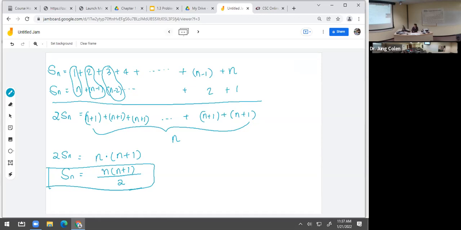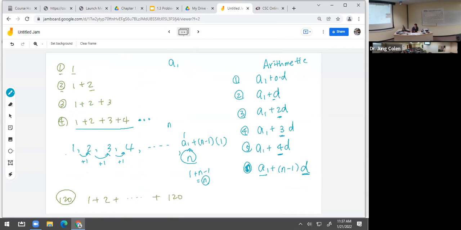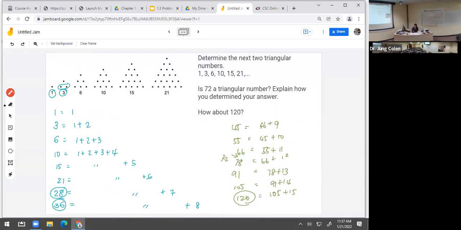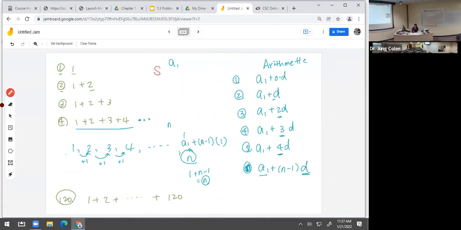So going back here, we can plug that into any of them. So we know S of n, let me write that with red color. Here, S of n, so the sum of all the consecutive numbers is n times n plus 1 divided by 2.